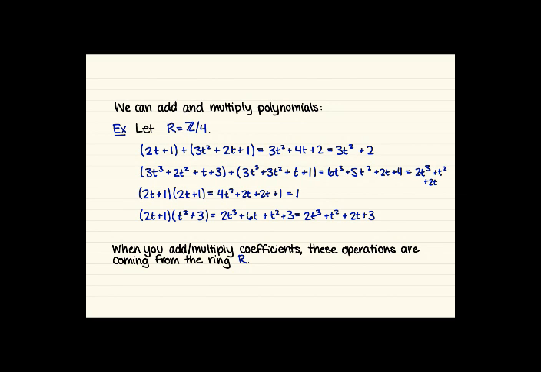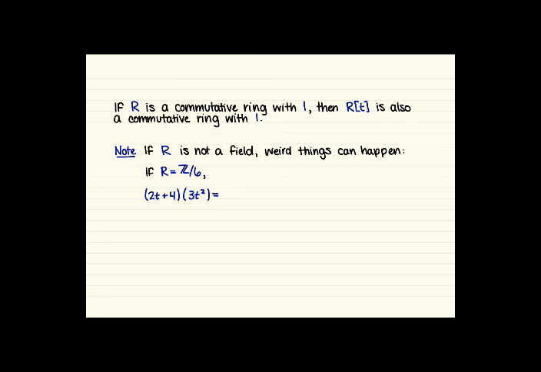So this is really similar to normal polynomial addition and multiplication. It's just that when it comes time to add or multiply the coefficients, those operations are coming from our ring R. If R is a commutative ring with 1, then when we look at these polynomials with addition and multiplication, that's also a commutative ring.